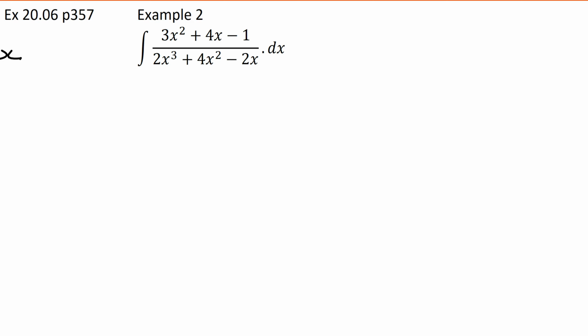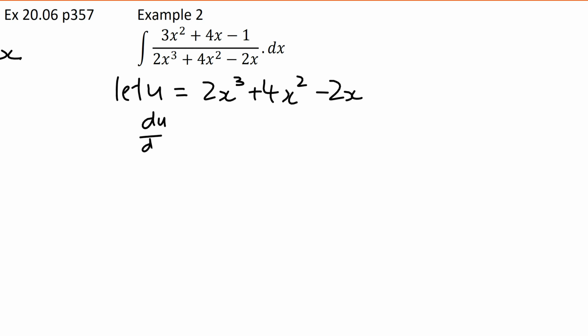Yeah. Okay, so let's go let u equal 2x cubed plus 4x squared minus 2x. So therefore du by dx is 6x squared plus 8x minus 2. You happy with that?